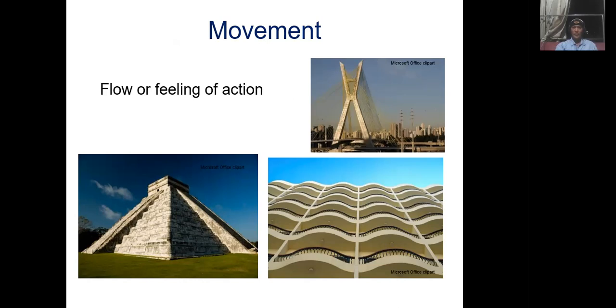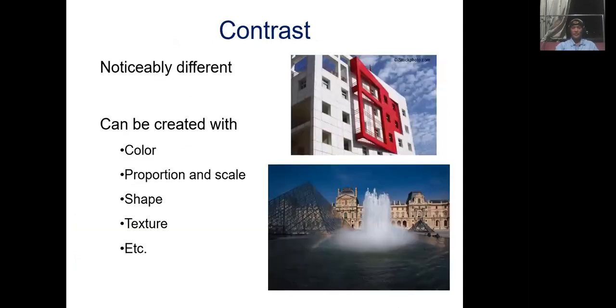Okay, now for movement, even with static items in art, we can still show a flow or a feeling of action. Like especially with curves and diagonal lines. And contrast could make something noticeably different.